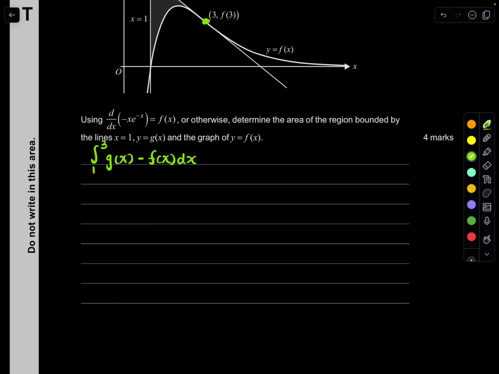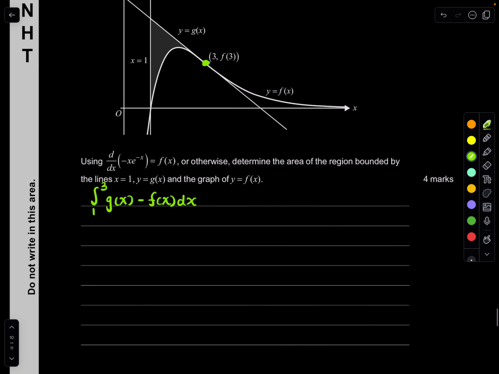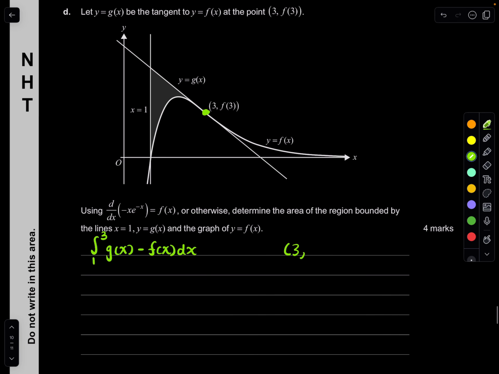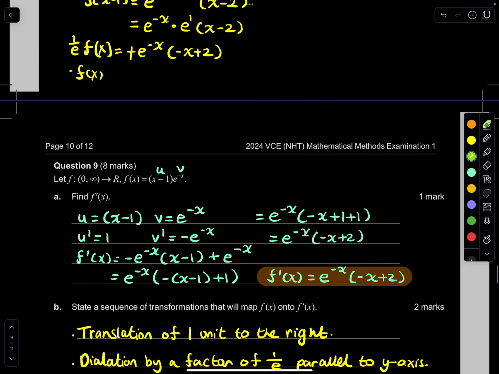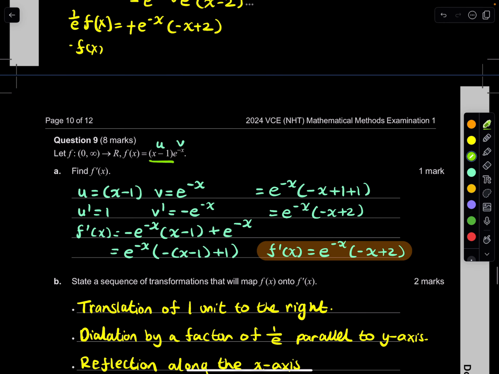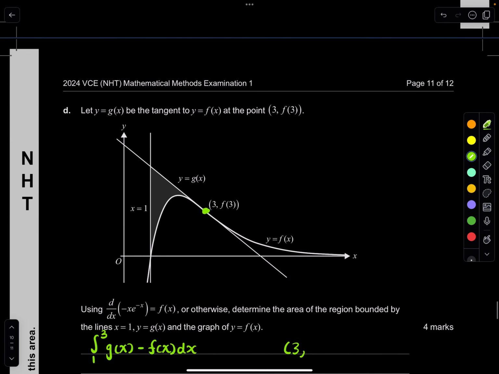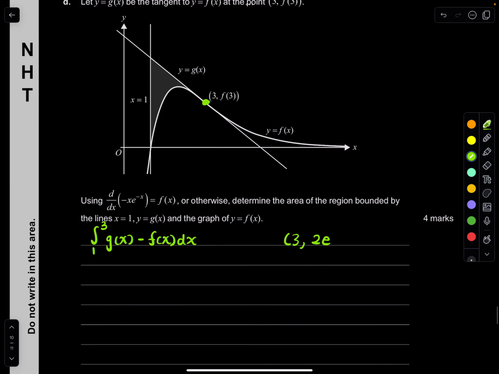Now, let's find g of x, which is our tangent. Easy. Remember how to find the equation of a tangent? We need a point on it and a gradient. We already know a point on it, luckily, which is 3 and f of 3. Let's go back to f of x because I don't remember what f of x is. If I sub in 3 here, 3 minus 1 is 2, so 2e to the negative 3.